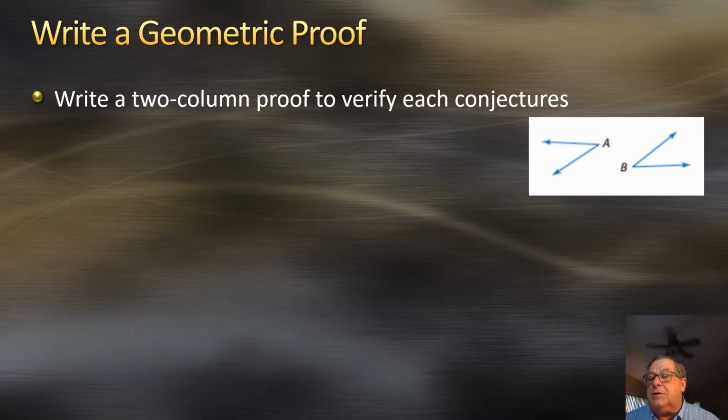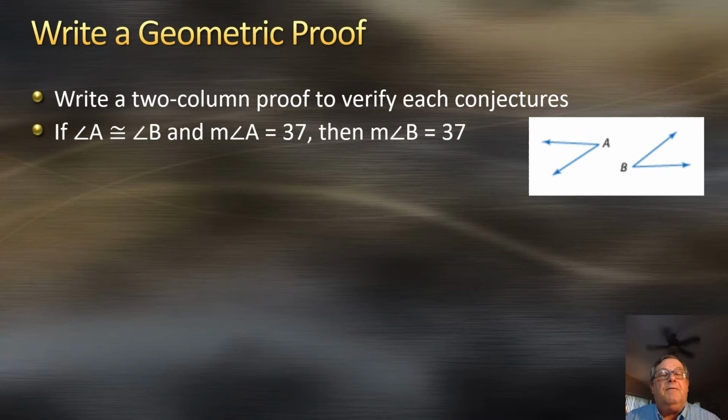Now we see a couple of objects here, a couple of angles, angle A and angle B. And just on the face of the object, I don't know a whole lot about it, but we're going to get into it, and we're going to be given some information from which we can then write our proof.